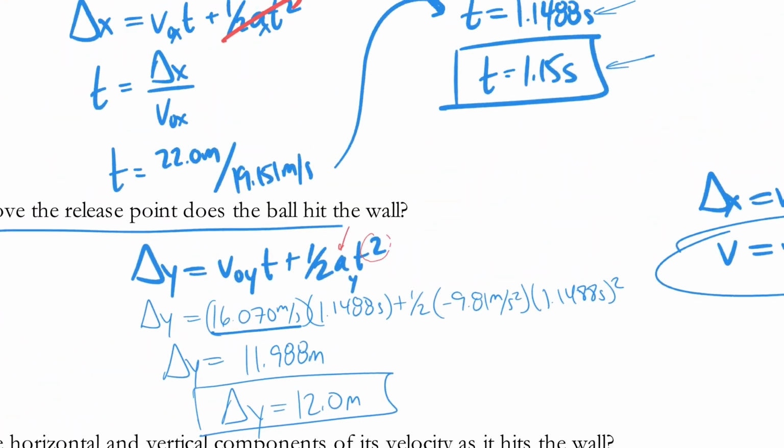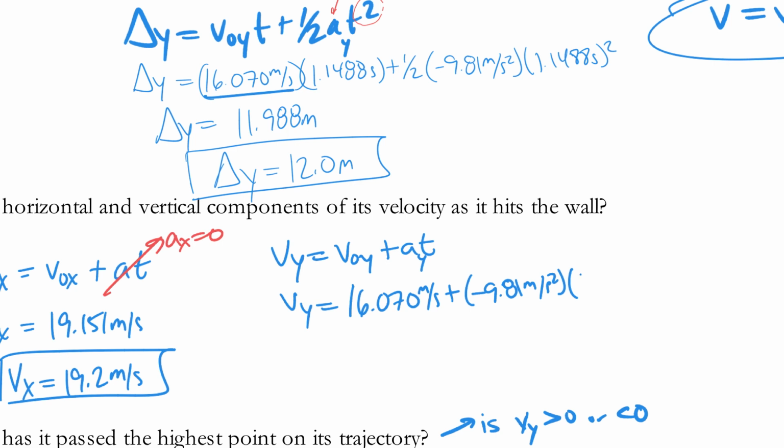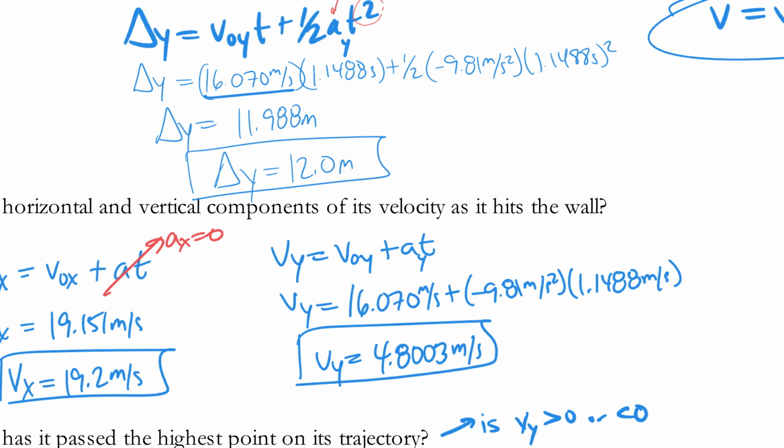What was the time? 1.1488 seconds. So v in the y is slowing down. It looks like it's still on its way up: 4.8003 meters per second. You see how that's positive? That means it's still going up.